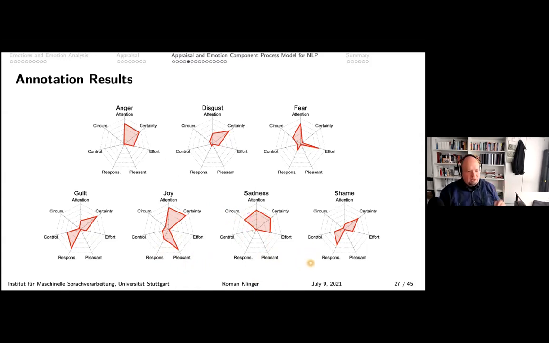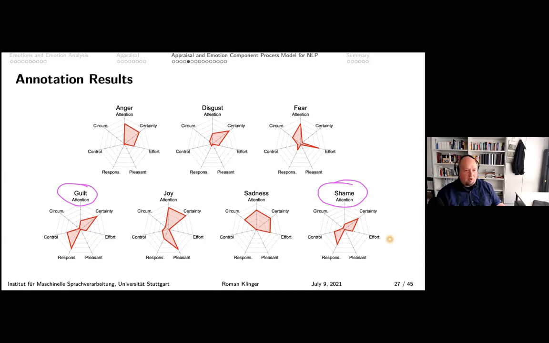These make psychological sense. I would also like to point out one which is perhaps a little bit less intuitive, which is the difference between shame and guilt. Often people don't really intuitively understand the difference between shame and guilt, and it seems that our annotators also mix them up every now and then.